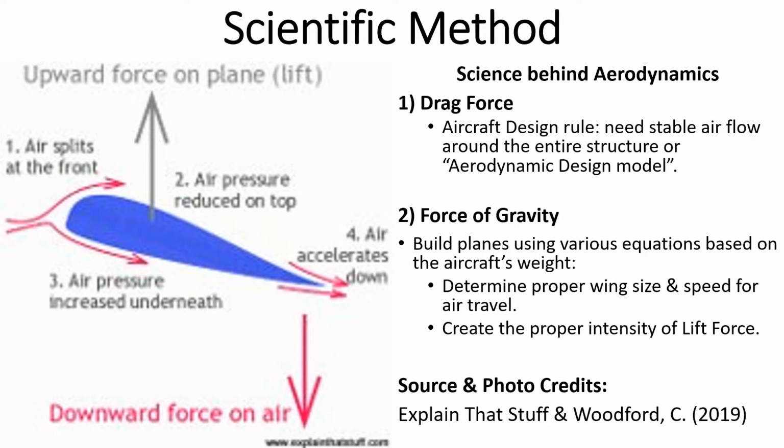When it comes to the force of gravity, designing aircraft would mean that engineers should work on building planes based on the aircraft's weight, using various mathematical formulas to determine the proper wing size and speed traveling in the air, and at the end to create a proper intensity of lift force.